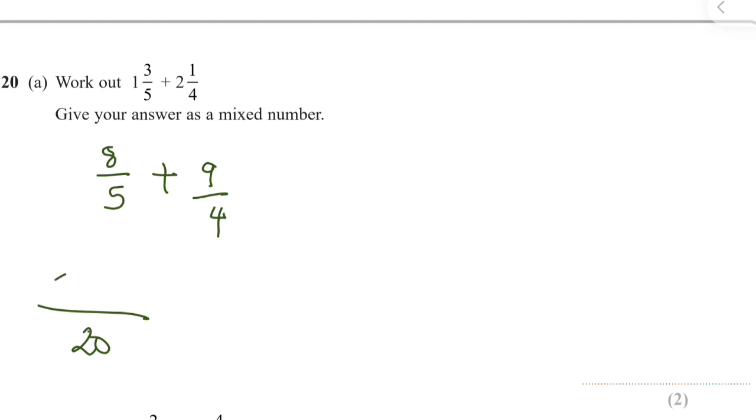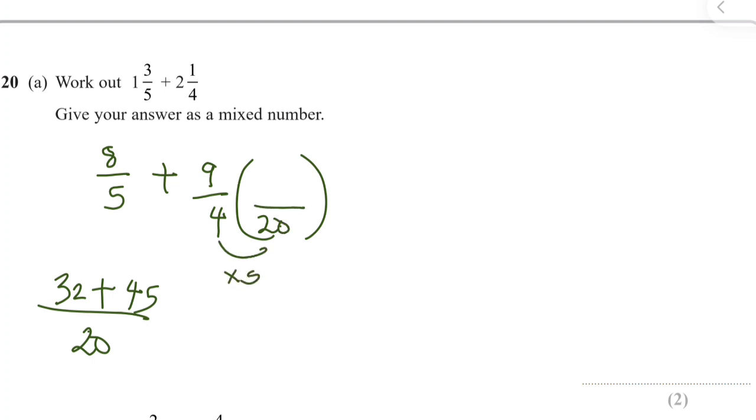So 4 times 8 is 32, plus 4 times 5 is 20. So 9 times 5 is 45. So technically this is what I just did. So this is 20. Going here, we multiply by 5. Multiplying this by 5, that will give us 45. So this is 20.